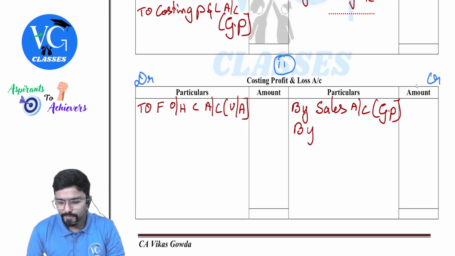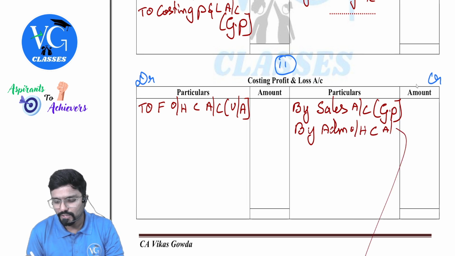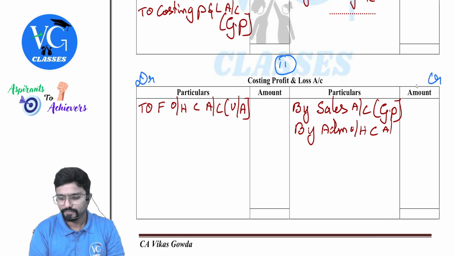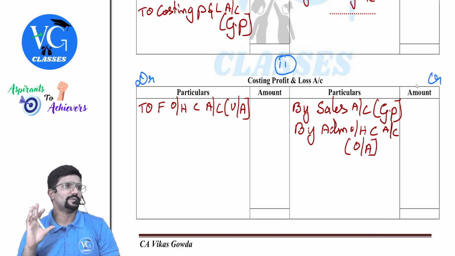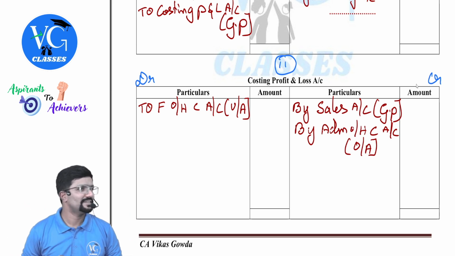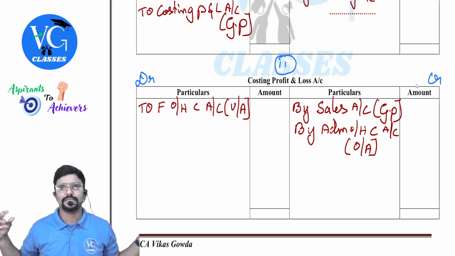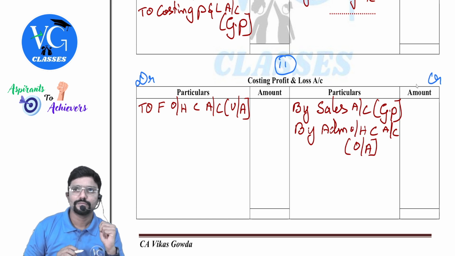By administration overhead control account, over absorption. For selling, we will not take anything. We will assume incurred is equal to absorbed. So three different possibilities. For selling, we will assume incurred is equal to absorbed, that means no under, no over.